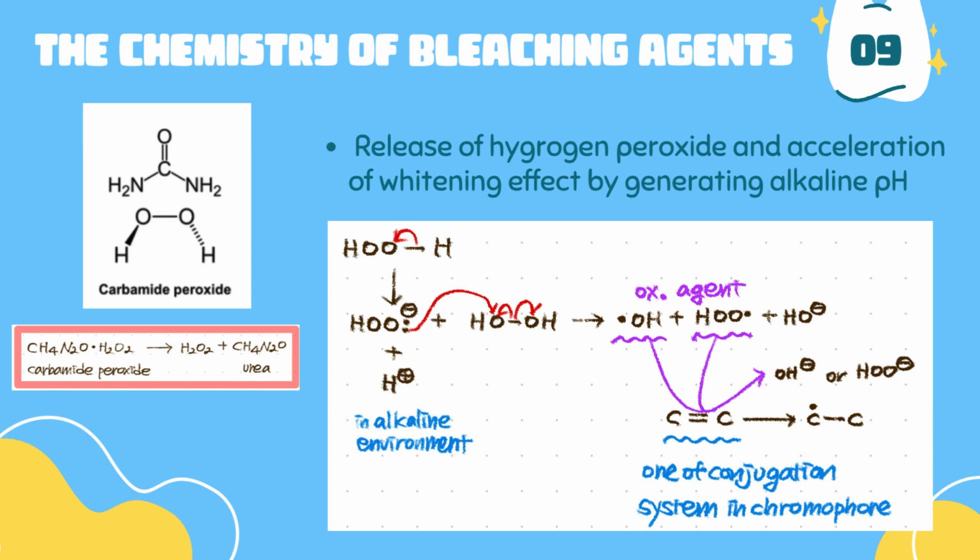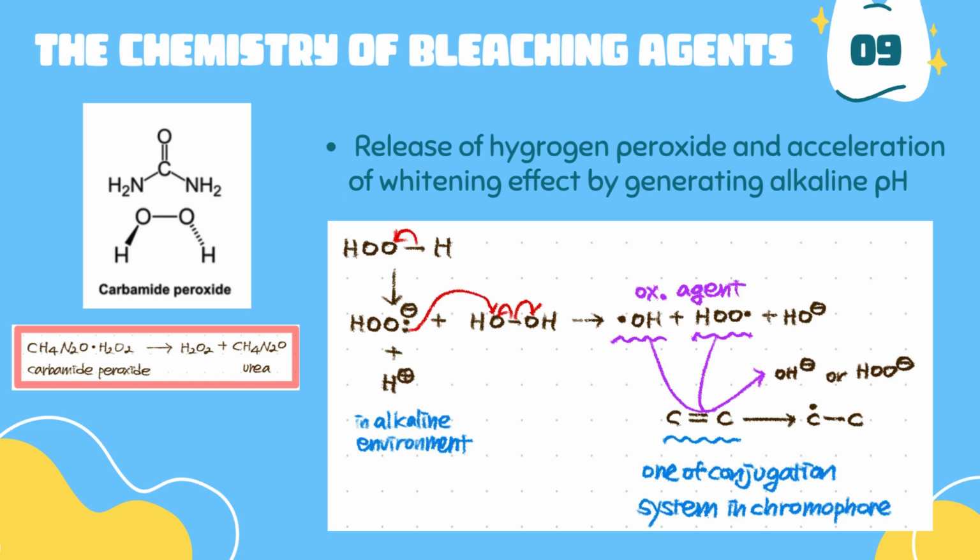And then hydrogen peroxide decomposes into hydroxyl radicals, perhydroxyl anions, and other reactive oxygen species under alkaline conditions. These radicals attack the conjugated double bonds of the organic chromophore, breaking the conjugated system that absorbs visible light. As a result, chromophores are degraded into smaller, non-colored molecules, which leads to the whitening of the tooth.